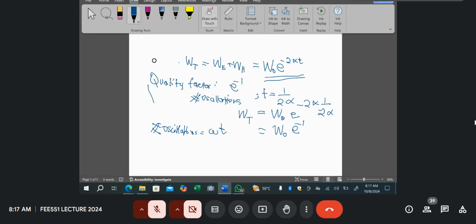So now we can define the quality factor. Q is the number of oscillations, so that will be omega over 2 alpha.